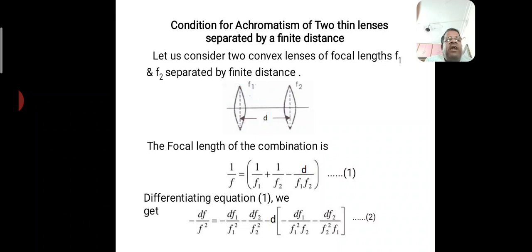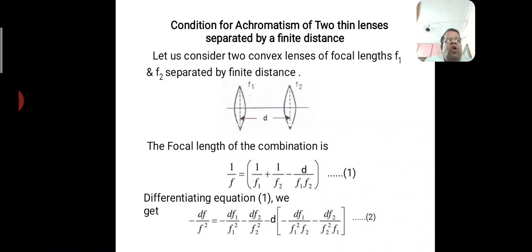As shown in the diagram, we consider two convex lenses of focal lengths f1 and f2 separated by a finite distance. One lens has focal length f1, the other has focal length f2, separated by distance d.